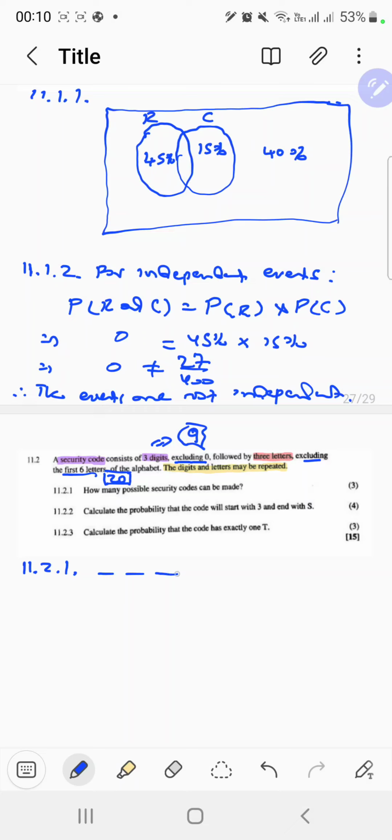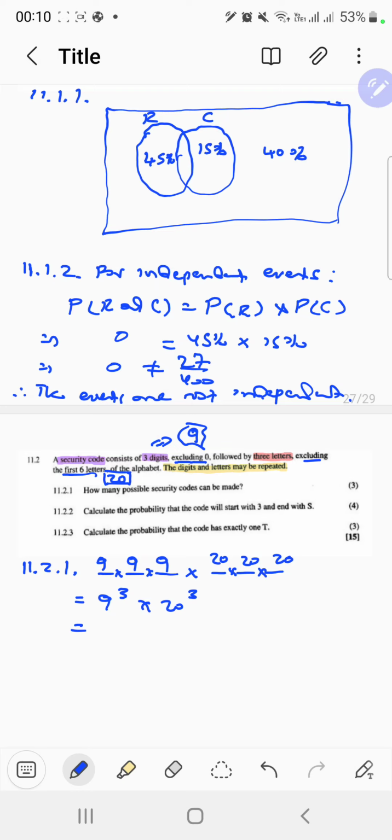So we know 1, 2, 3 digits, and then 1, 2, 3 letters. If we can repeat, we have 9 options, 9 options, 9 options. Then for the letters, we have 20 options, 20 options, 20 options, and everything is multiplied together. This is 9 cubed multiplied by 20 cubed.